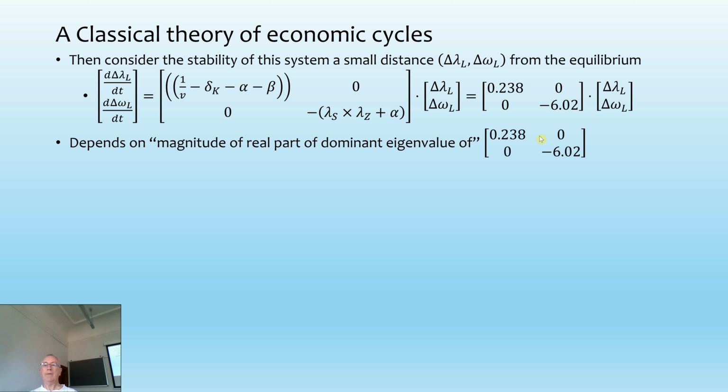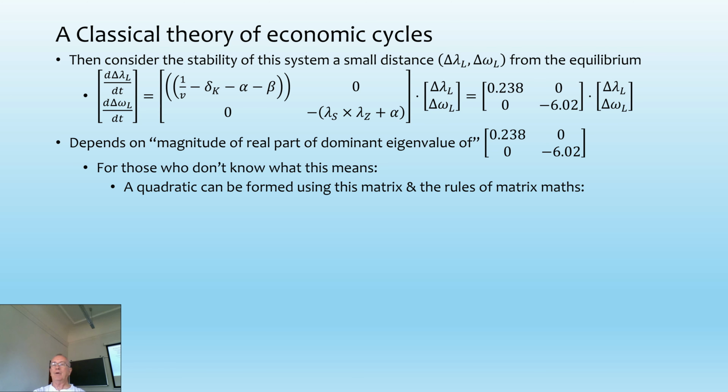Now how do you resolve that? Well, it depends on what's called the magnitude of the real part of the dominant eigenvalue. What that means is you can convert that into a quadratic using the rules of matrix mathematics.